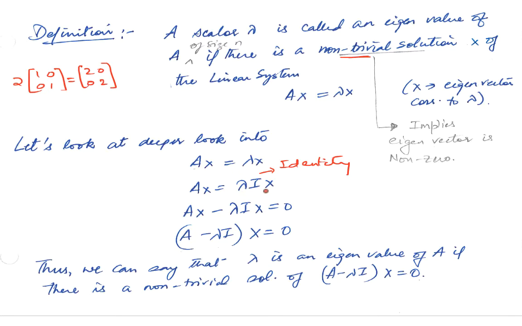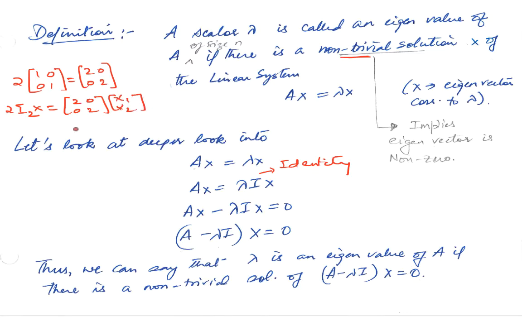Let's go further. I'm going to say first this 2 times I2, where I2 is this matrix, times x. I can write this with my x as x1, x2, so this is [2, 0; 0, 2] times [x1; x2].